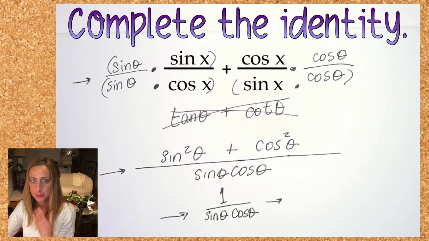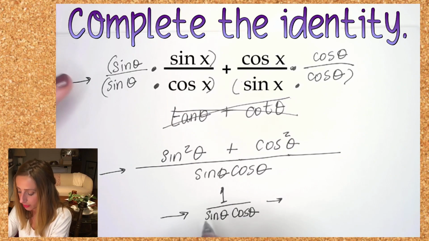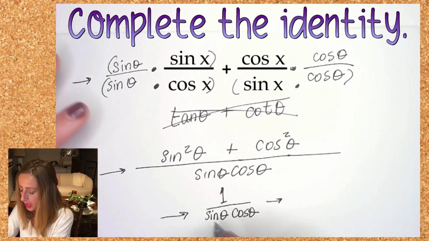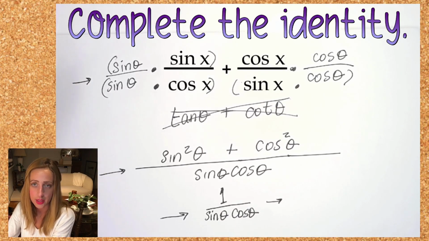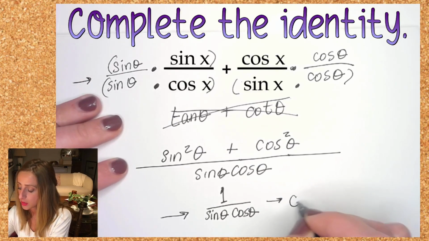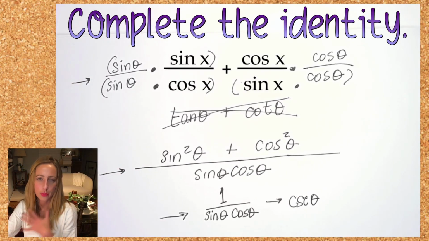I also have a cosine in the denominator. And I can use my reciprocal identities. So one way I like to read this off, because of how you could save so much time here, is I like to say to myself, sine on bottom, in other words, sine in the denominator, is the same as cosecant on top. And when it's on top, we don't have to write over 1.